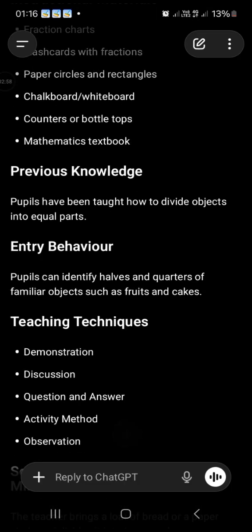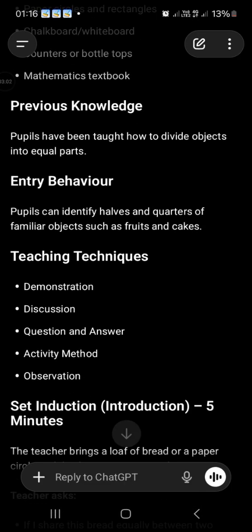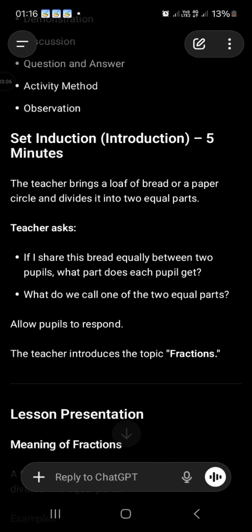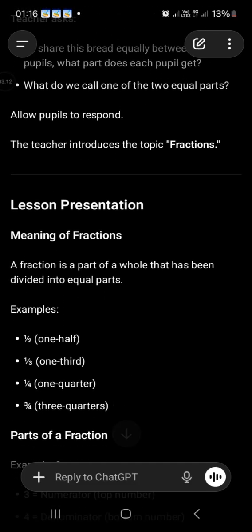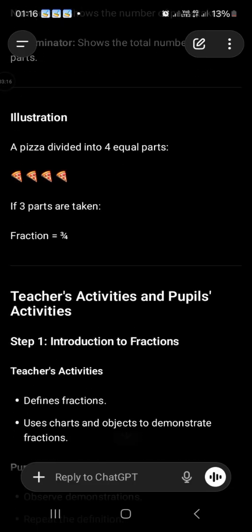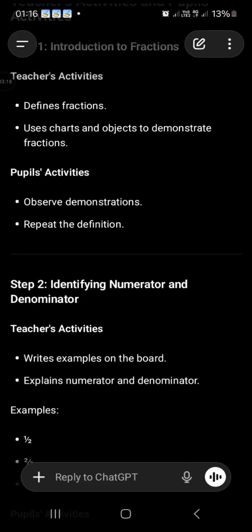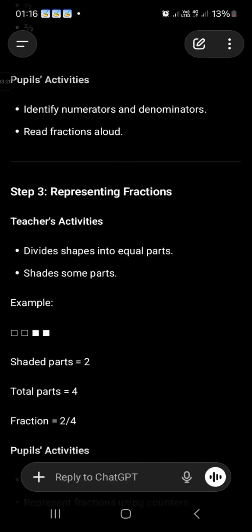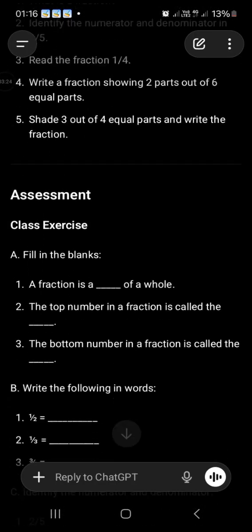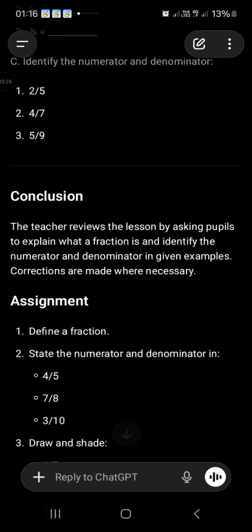Let's scroll down, you can see previous knowledge with your entry behavior, teaching techniques, then your set induction. Then you can see teacher asks. Then you can see the lesson presentation. So you can see AI has generated a lesson plan on fraction.